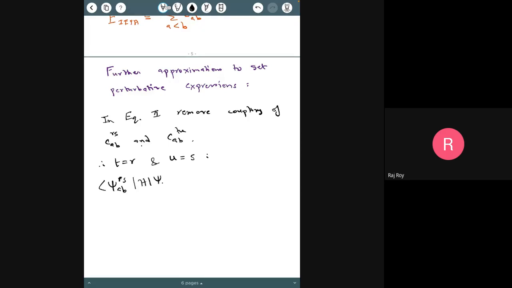H psi 0 plus psi ABRS H minus E0 psi ABRS into CABRS. So I've removed the sum over T and U. That is equal to EAB CAB RS. Then we solve this equation for CAB RS.